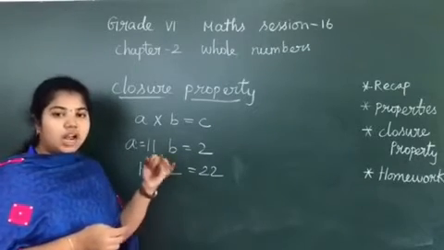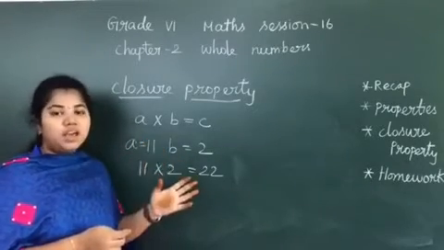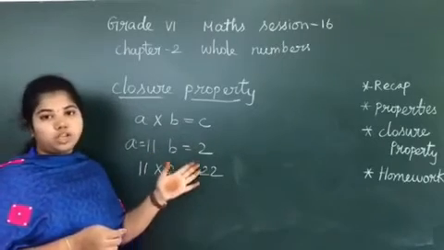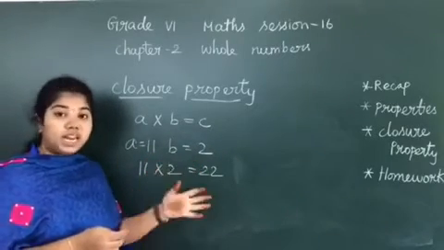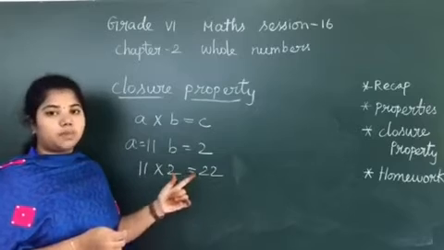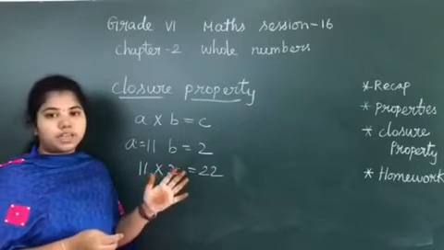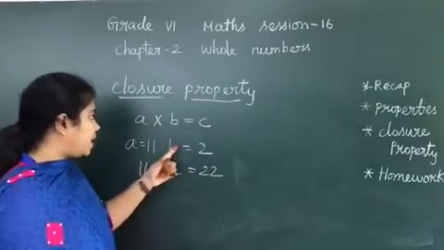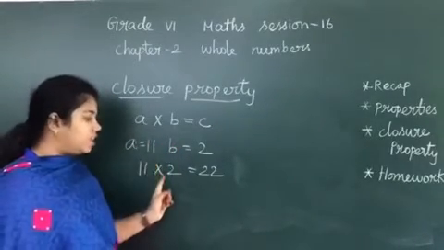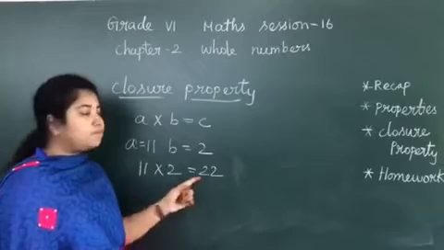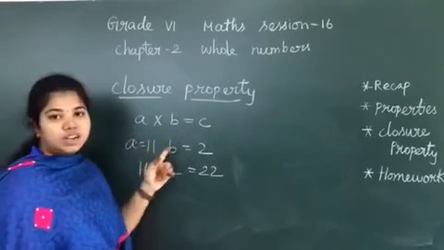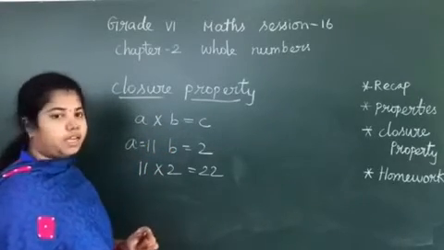So addition and multiplication will satisfy the closure property. If you give any number, it will satisfy the closure property. Whereas subtraction and division will not satisfy the closure property. Can you understand? So I have taken numbers A, B, multiplied them and got only a whole number. So multiplication is satisfied under closure property.